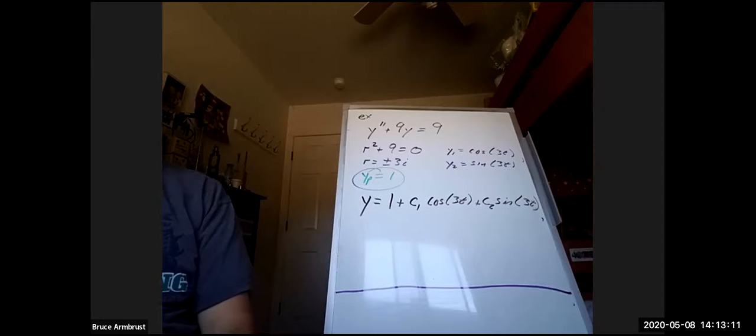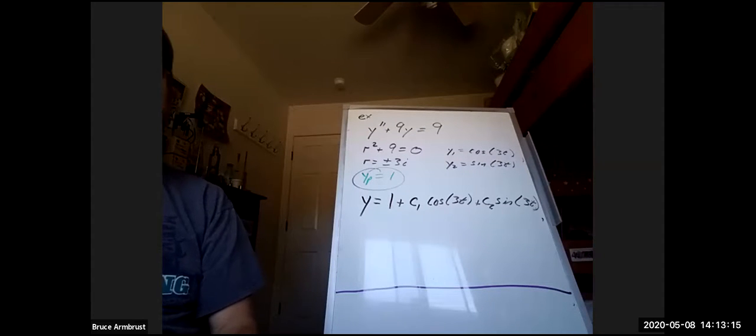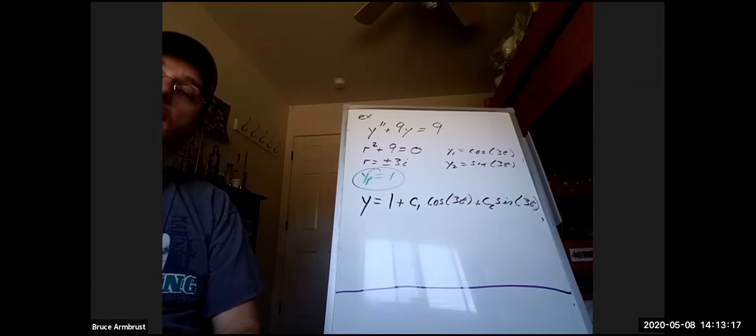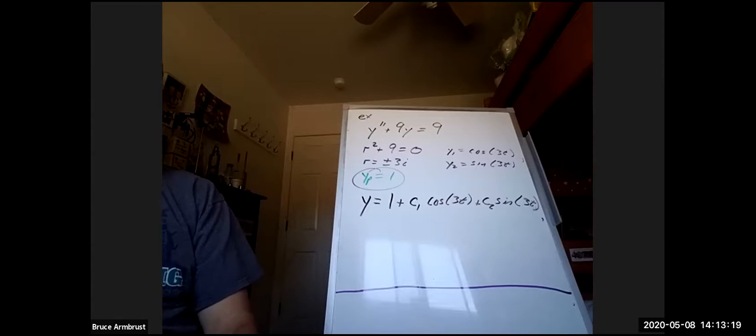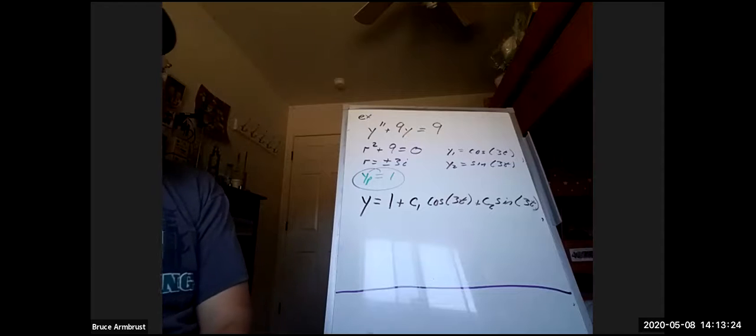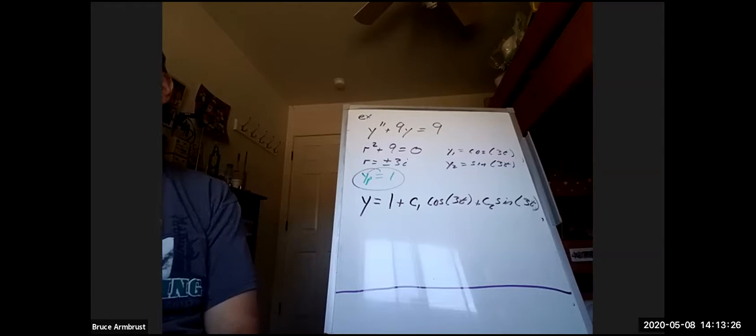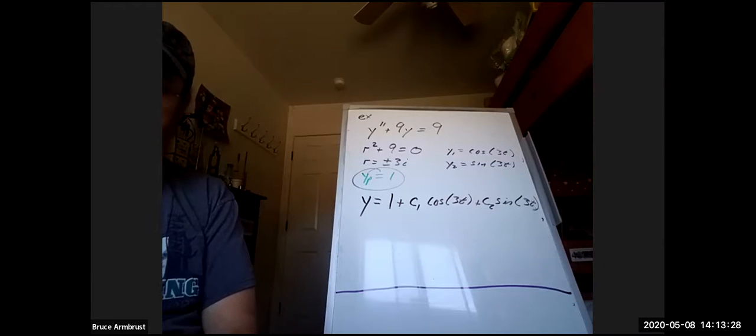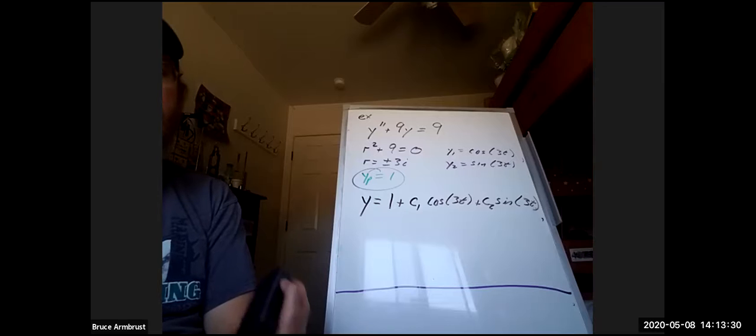So let me show you some other examples that lead to specific types of potential Y sub P's. And this is definitely going to play upon our pattern recognition thing, right? Like I talk about this a lot.